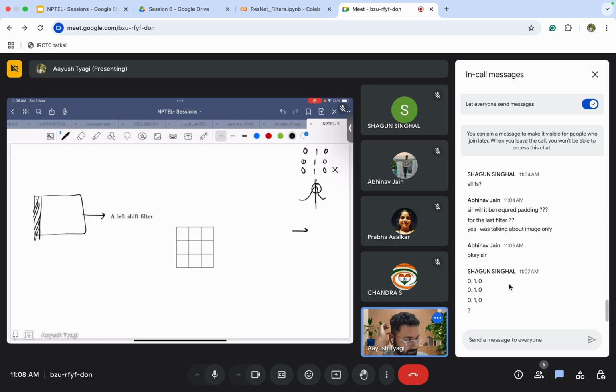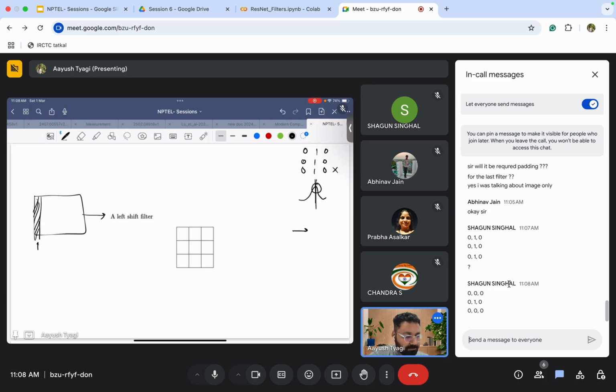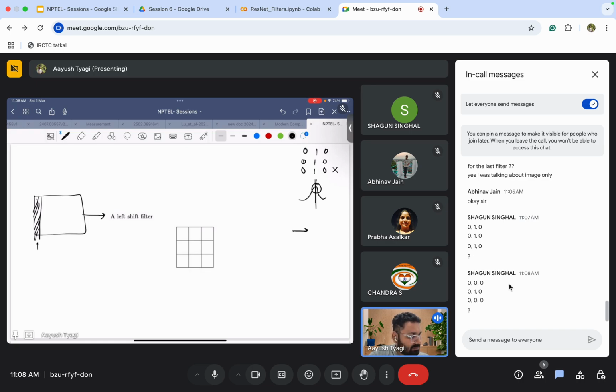Any other thought? You want to shift your image to the left, right? So your first row is empty. Second suggestion is 0, 0, 0, 0, 1, 0, 0, 0, 0.